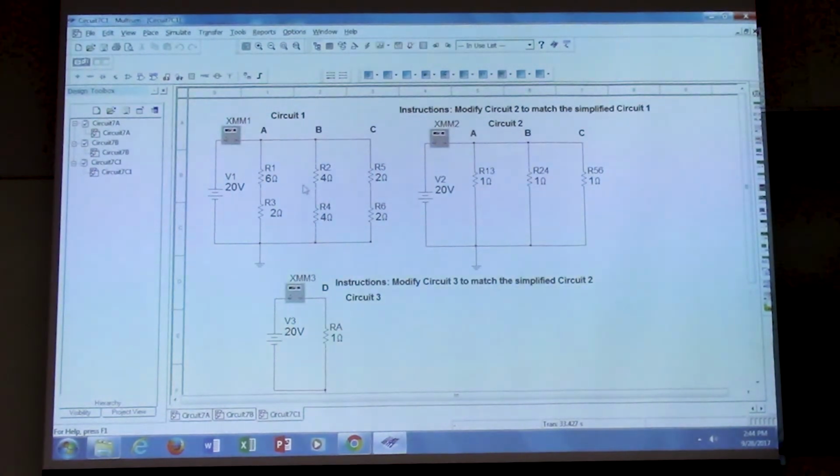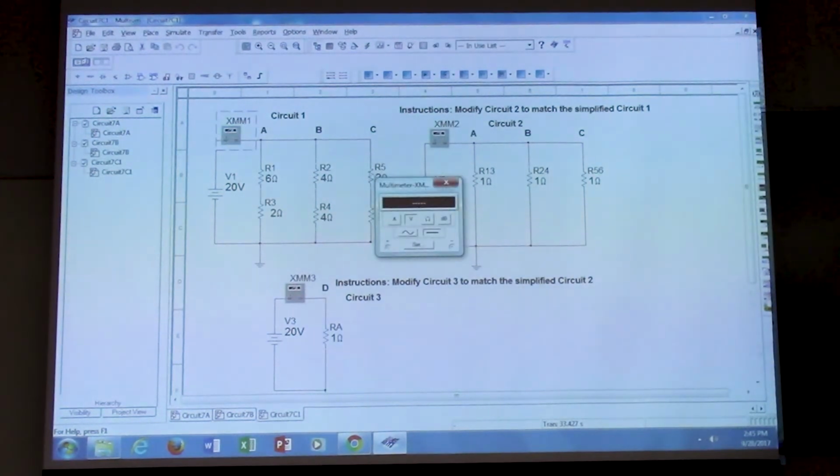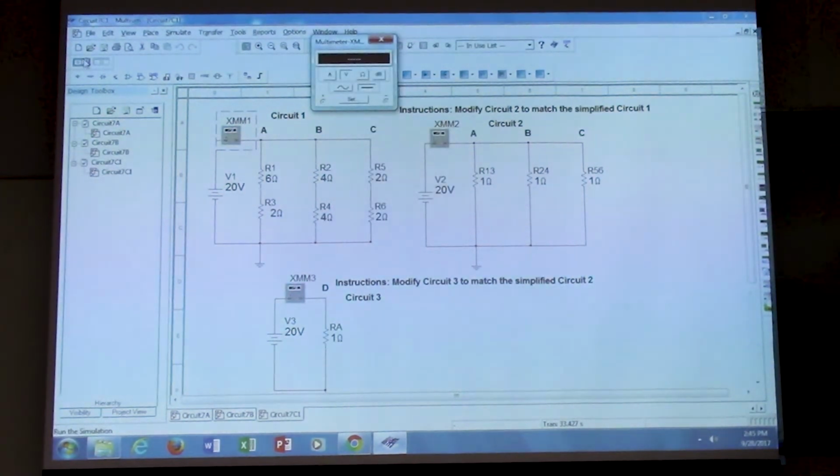Okay? So what we're doing is we're taking this first circuit, and then we would modify the second circuit to make it look like the first circuit. Okay, so we can look at the current for the first circuit. We're trying to measure the current for these circuits.